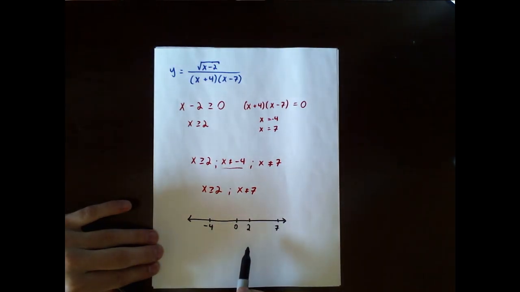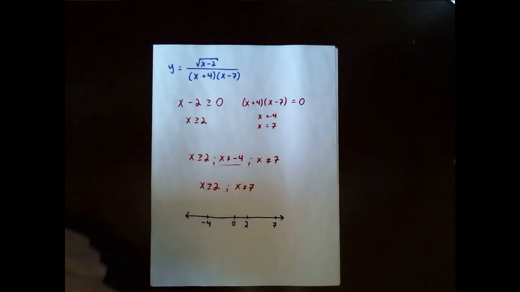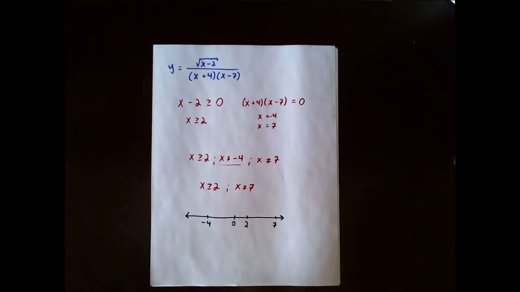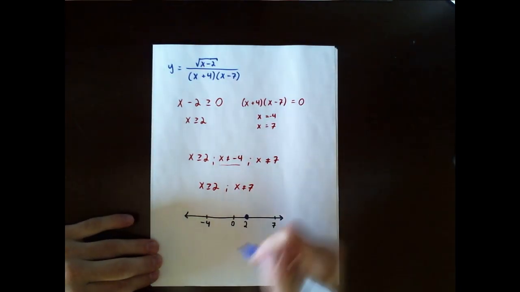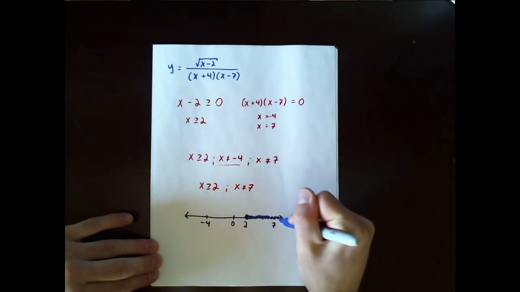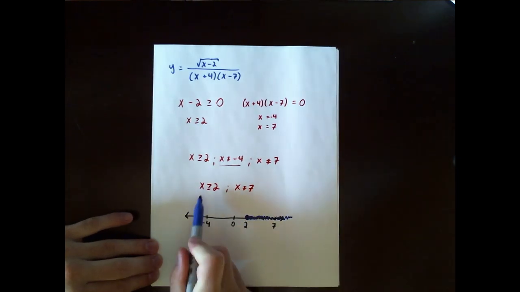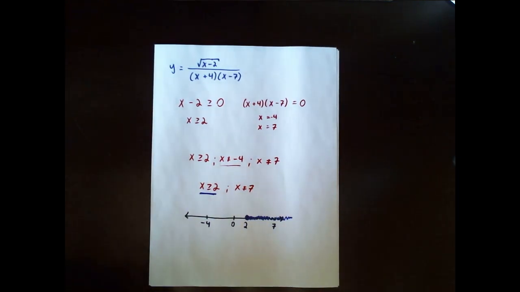Now that I have all of my points, I know that my domain is going to be x has to be greater than or equal to 2. If we graph that out, it's going to be a solid line here and shaded in just like this. So that covers this right here. And then I also have these two restrictions.